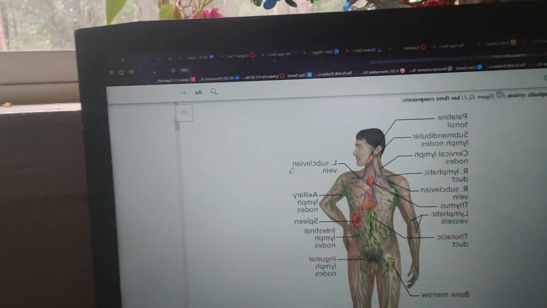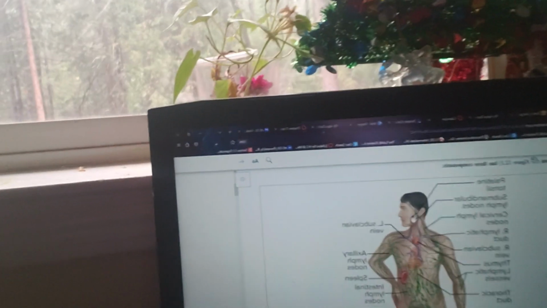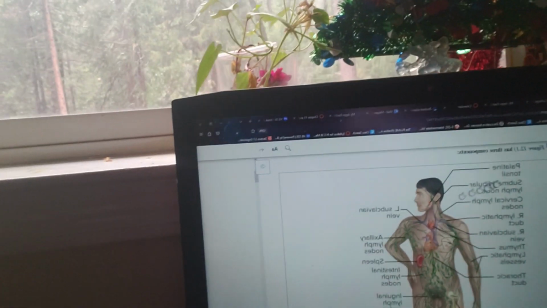The lymphatic system. Look at all that. Palatine tonsil. Ooh, that's a big one.